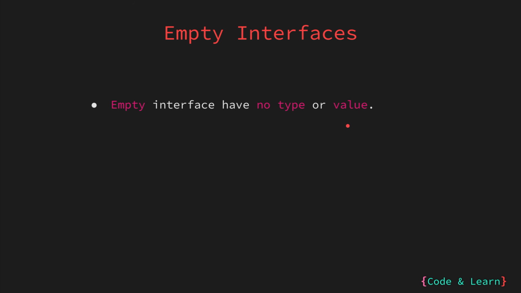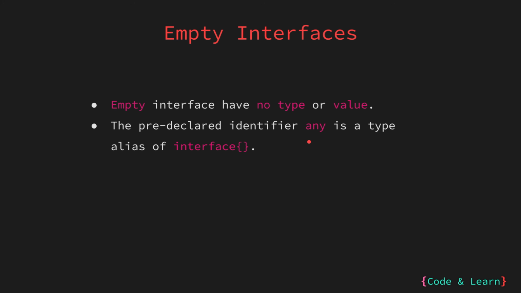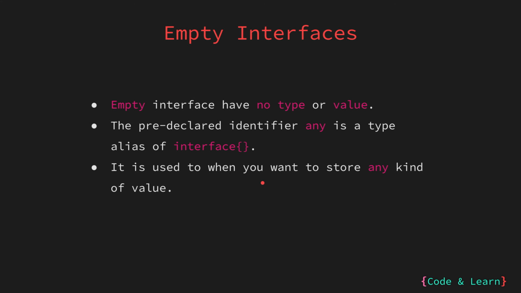In the Go programming language, an empty interface is a type of interface that doesn't have a specific type or value assigned to it. With the introduction of Go generics in Go 1.18, a pre-declared identifier any was introduced as an alias for an empty interface. The empty interface is used when the type of value is not known, but it's necessary to specify that the value can be of any type.